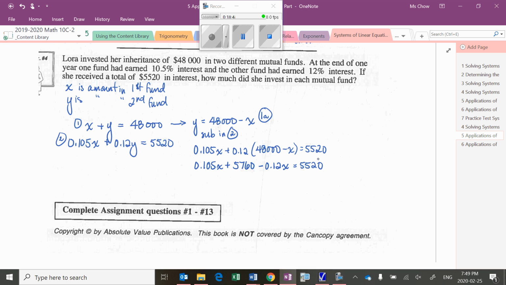If we've got 0.105x and then minus 0.12x, that gives us negative 0.015x. And at the same time, we will subtract 5,760 from each side. So that leaves us with negative 240. To isolate our x, we now need to divide both sides by negative 0.015.